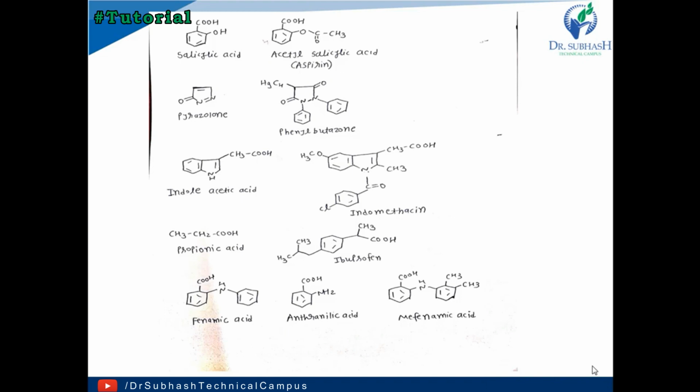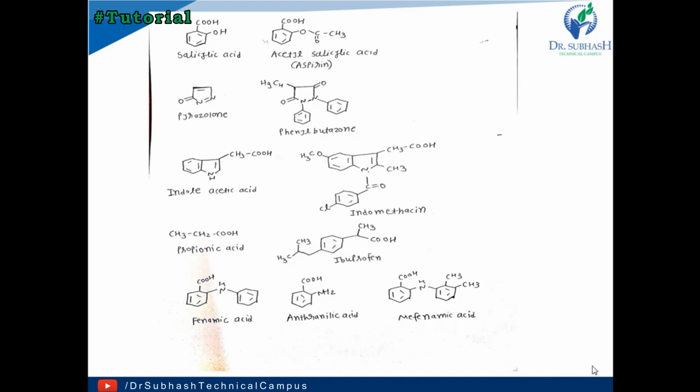Next category is phenamates or anthranilic acid derivatives, and in that the examples are mefenamic acid and meclofenamate. We will do the example of mefenamic acid, and before that we will see the structure of fenamic acid or anthranilic acid. Fenamic acid has 2 benzene rings attached with NH, and 1 benzene ring contains a carboxylic acid group. Anthranilic acid means on the benzene ring, amine and carboxylic acid groups are attached at the ortho position.